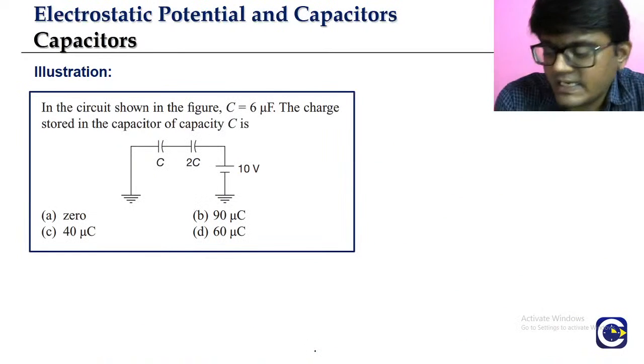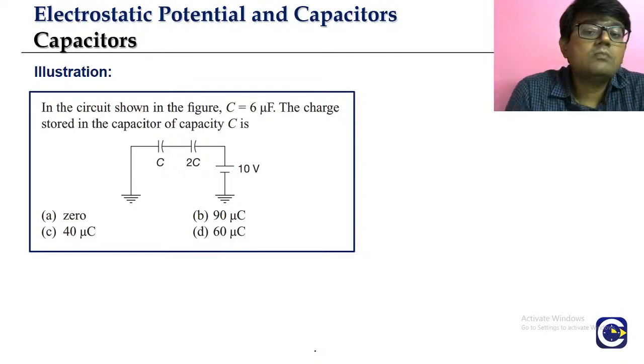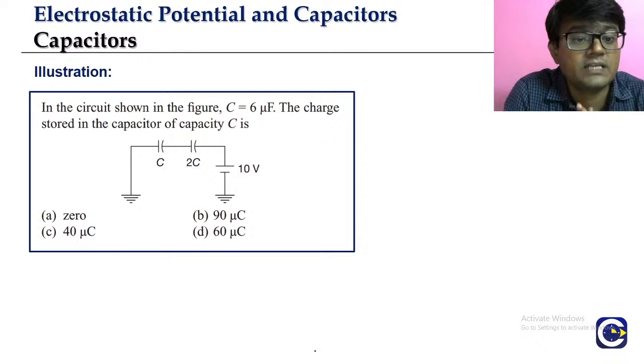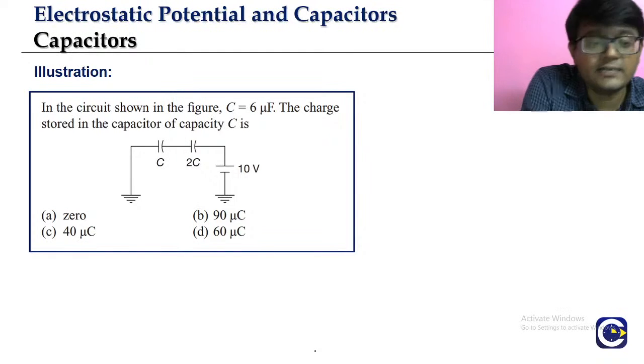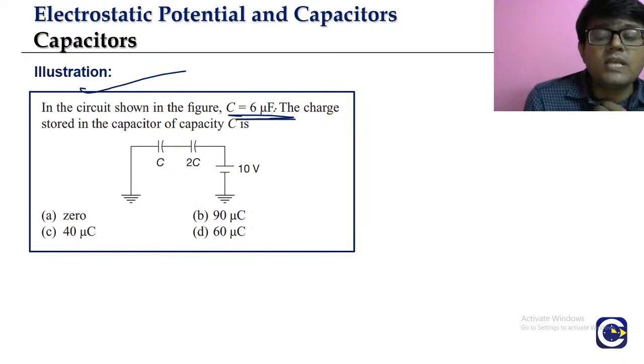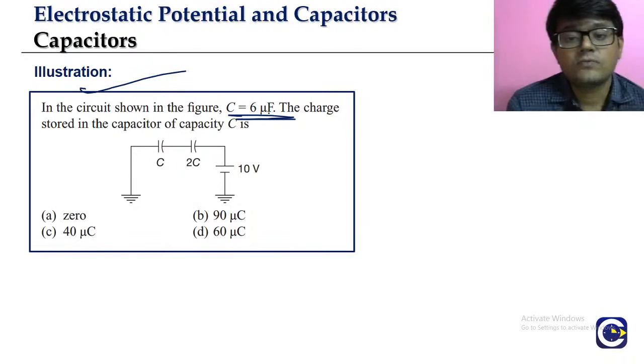See, in some cases we will not be able to tell straight away, just by a quick look, whether this is a series or parallel arrangement. Look here, in the circuit shown in the figure, the value of C is given. What is the C value? 6 microfarad.